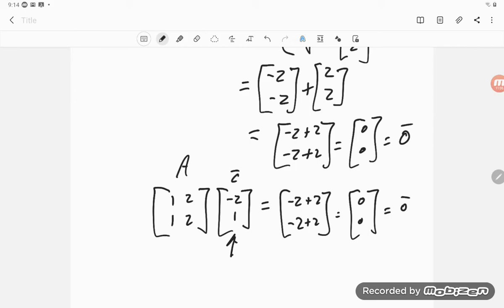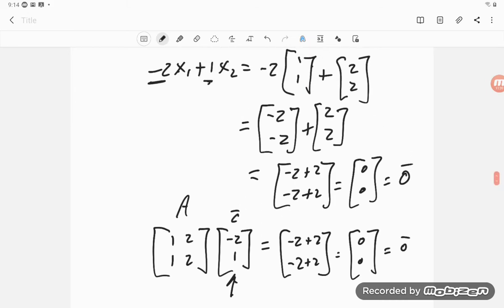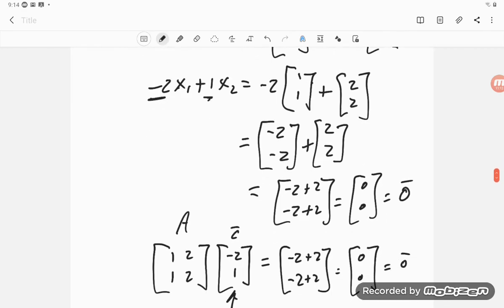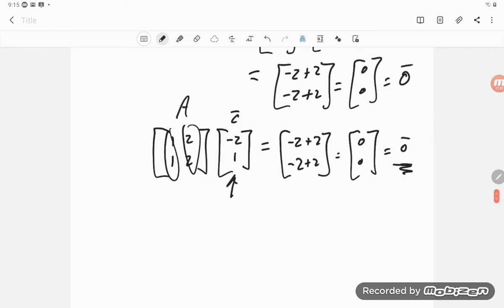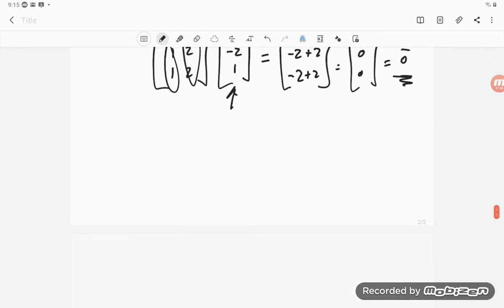And so there's my non-trivial solution to that matrix equation. I can think of it as this linear combination structure up here, but I can also think of it as putting my columns into a matrix and asking, is there a non-trivial solution to the homogeneous equation? Okay, so there's an example of dependence.